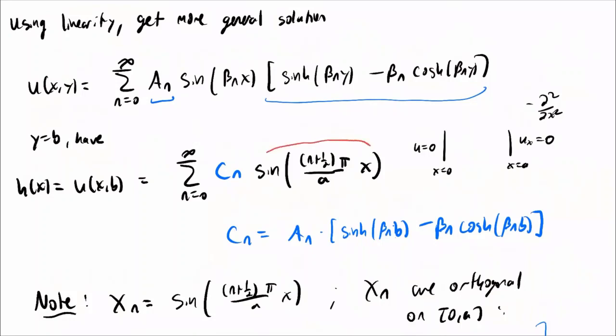Right, remember I can also write this as 1 over 2i times, sorry, let me give myself some more space. So this is 1 over 2i times e to the i (n pi over a x plus 1/2 pi over a x), right?